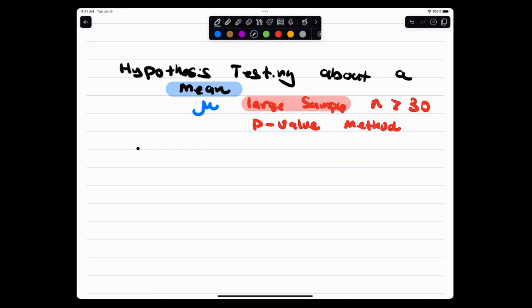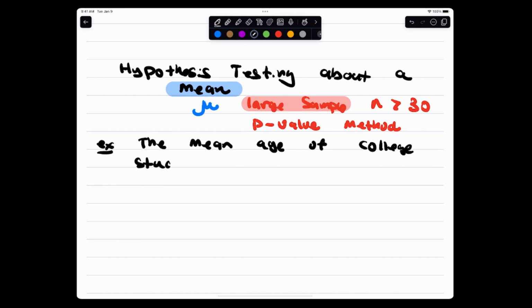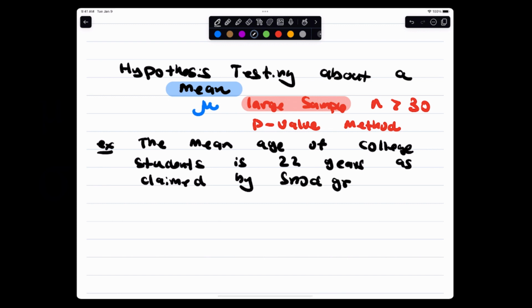So, for example, I can say this. The mean age of college students is 22 years, as claimed by who? Good old Snodgrass. So I want you guys to compare and contrast this.